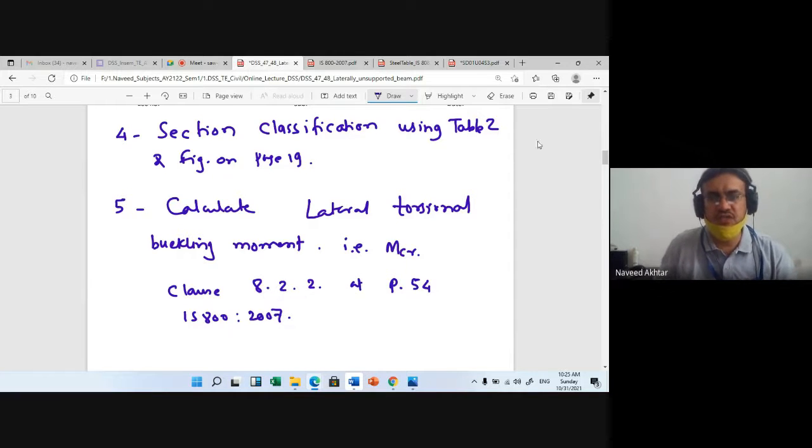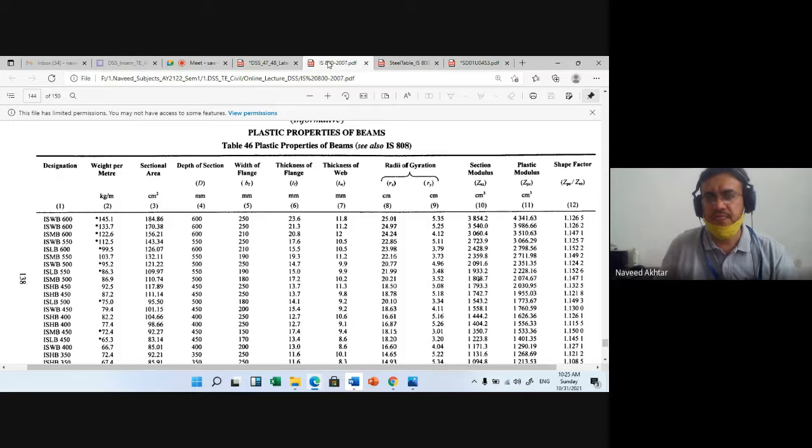If you go to IS 800 2007, page number 54, how to find out the lateral torsional buckling?